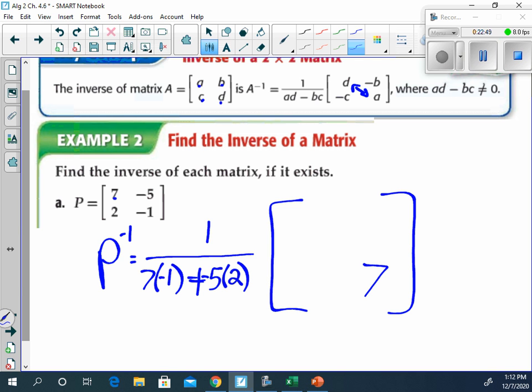Negative 1 was D, so now it's up in the top corner. So we switched those two numbers. The number that was in A's position is now in D's, and the number that was in D's position is now at A's.